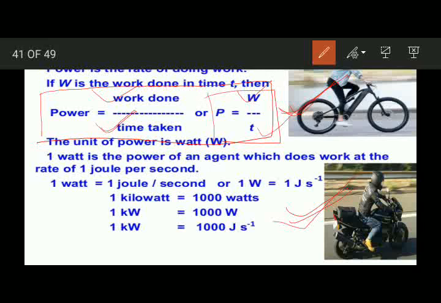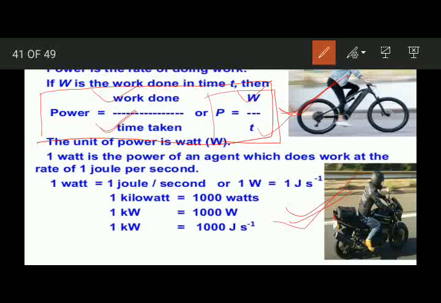That is, we can measure power in watt. What is 1 watt? Now, 1 watt is the power of an agent or an appliance which does work at the rate of 1 joule per second.